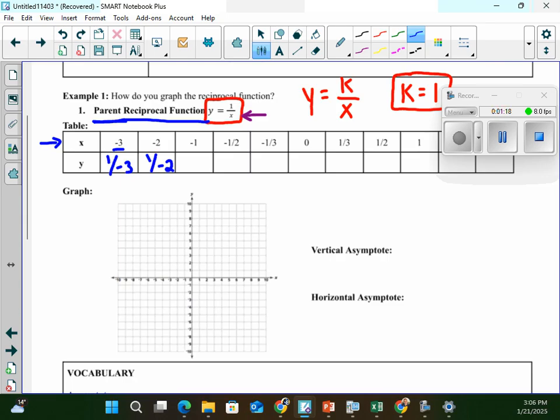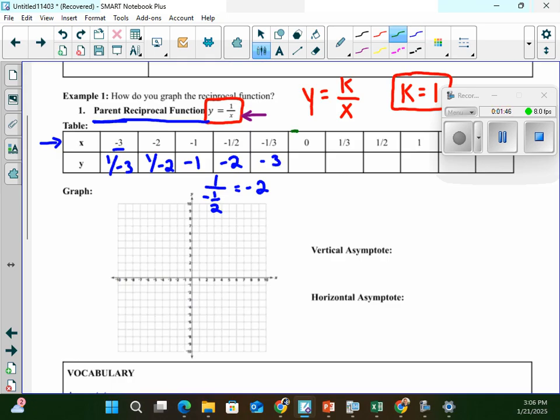When x is -1, y is 1 divided by -1, which is simply -1. When x is -1/2, we have an interesting case. We have 1 divided by -1/2, which actually converts to simply -2. So y is -2. When x is -1/3, y is -3.